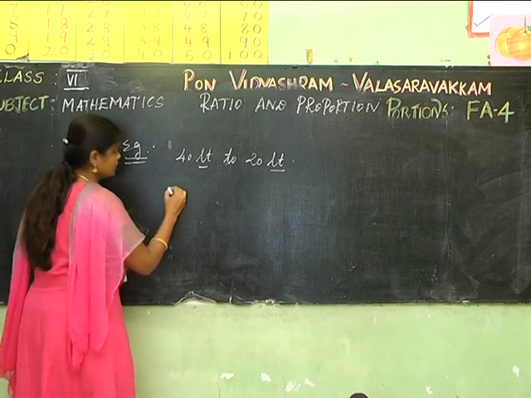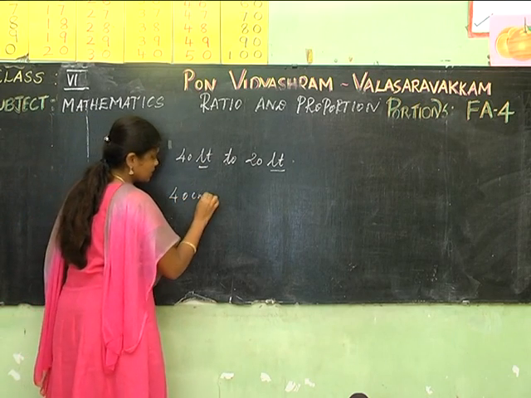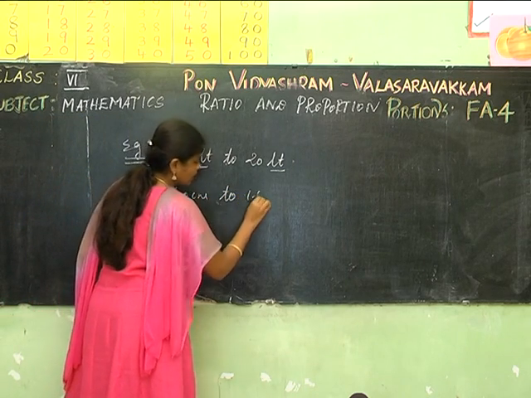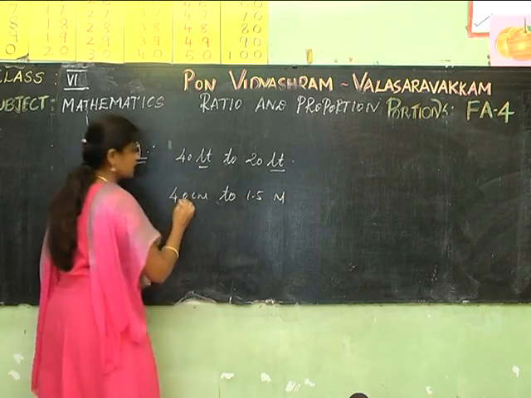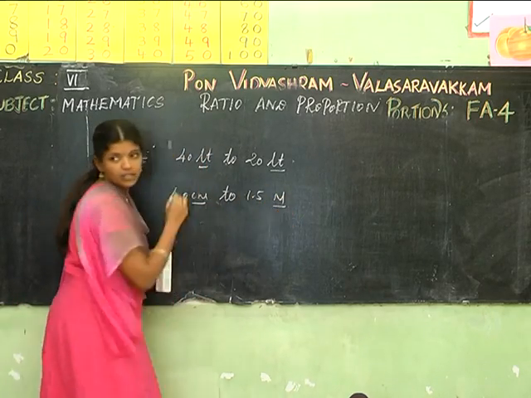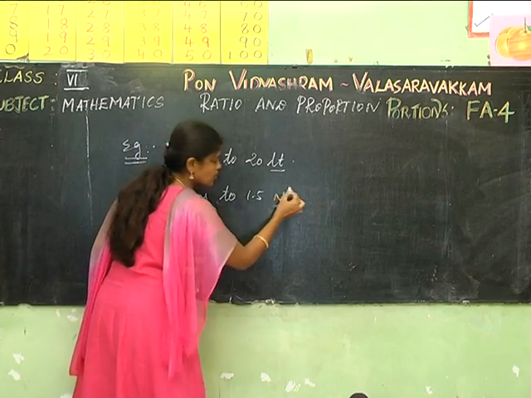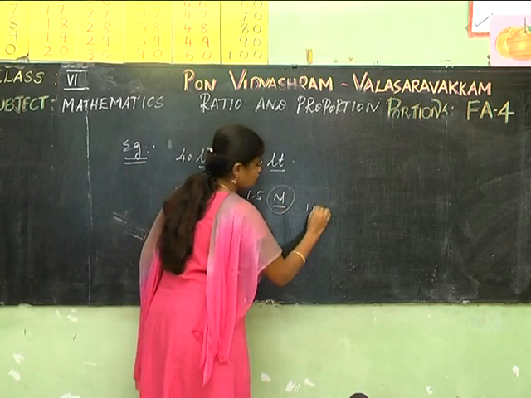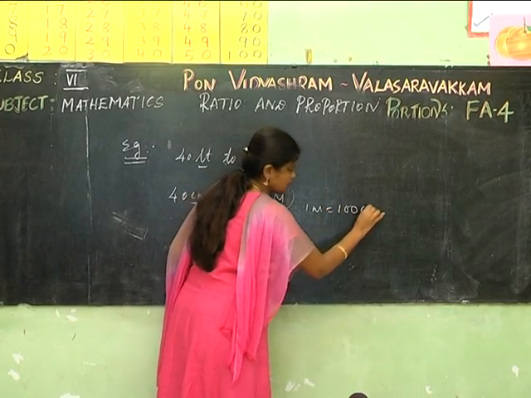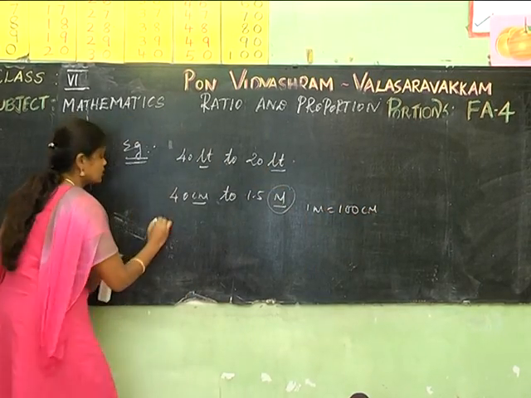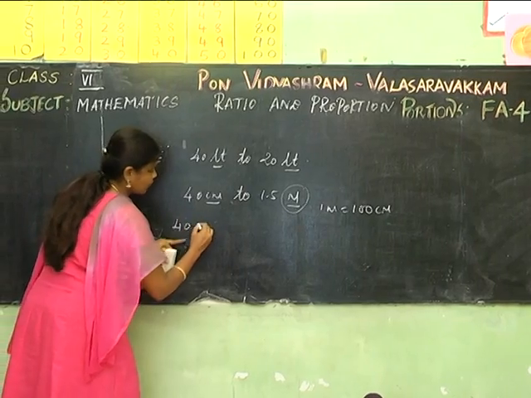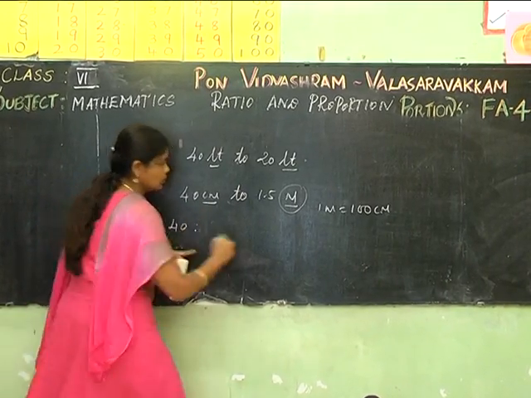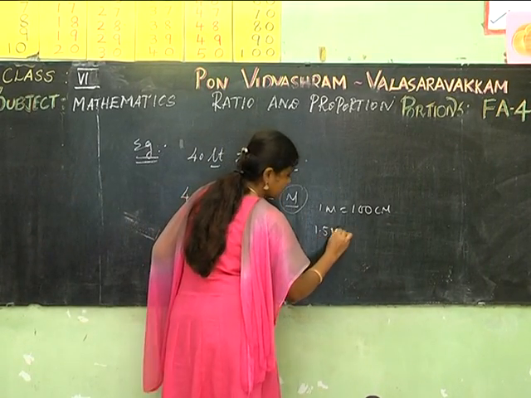Again, another example, 40 centimeter to 1.5 meter. See here, the units are different. For that, first you have to convert this into centimeter. You know that 1 meter is equal to 100 centimeter. So 40 is to, here 1.5 meter is there.